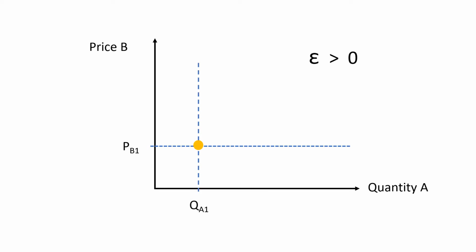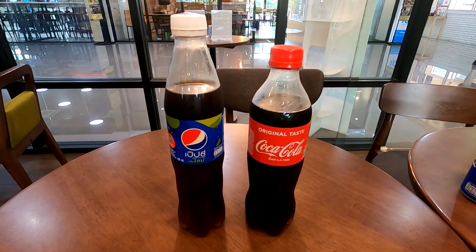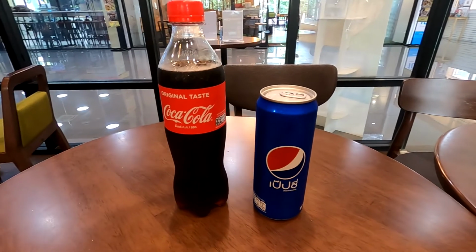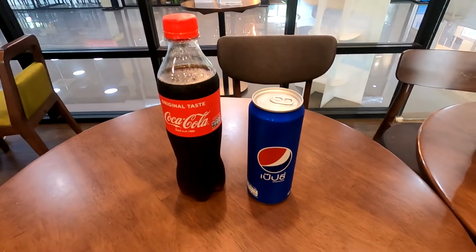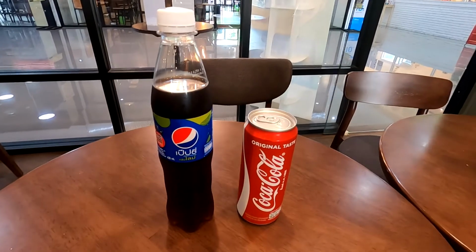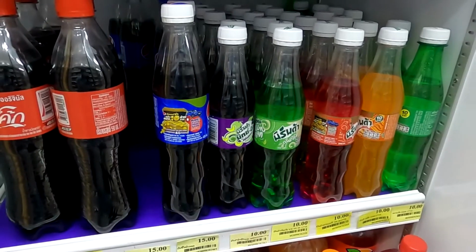The idea is that when the price of one product is up and the quantity of another product is up too, it means that consumers consider both products to be competing, and they switch from consuming the more expensive product to the relatively cheaper product.